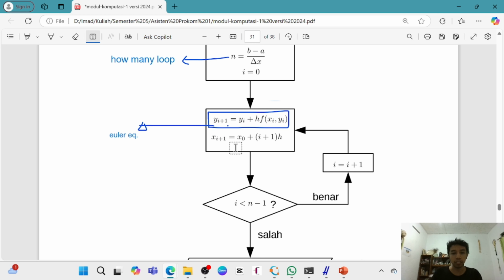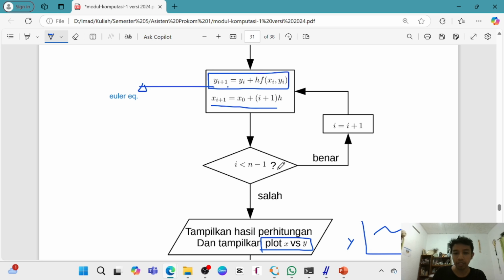Then x is just updated like this. As always, we update the value of x, right? Okay, this is the loop.